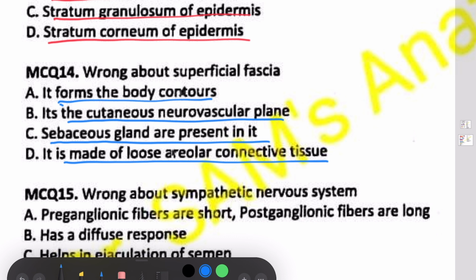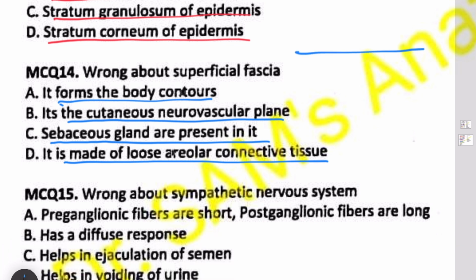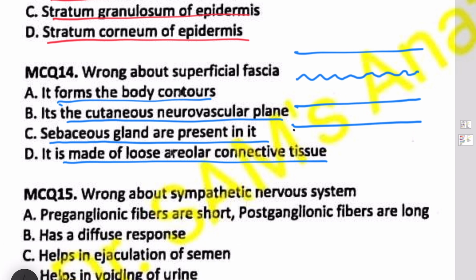So again, just a fast revision here. You find this as the epidermis. Then you have the dermis, then you have the hypodermis, and then you find the deep fascia.